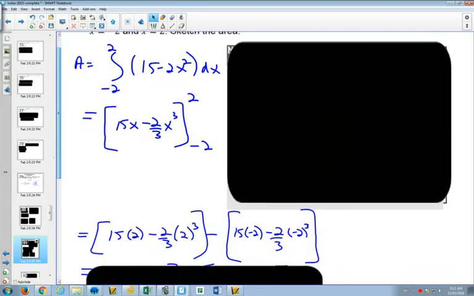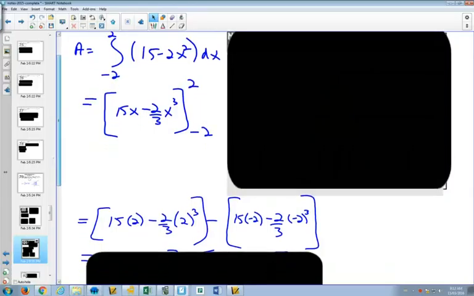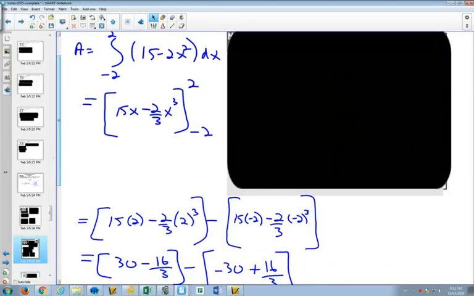Plug in 2, subtract negative 2. Now with this one, before simplifying things completely, there's going to be some stuff here that might work out to put together sort of like fractions that are more like terms. So it might be easier to simplify that before I simplify in the brackets completely.